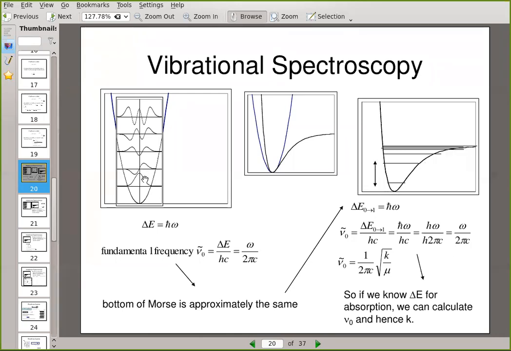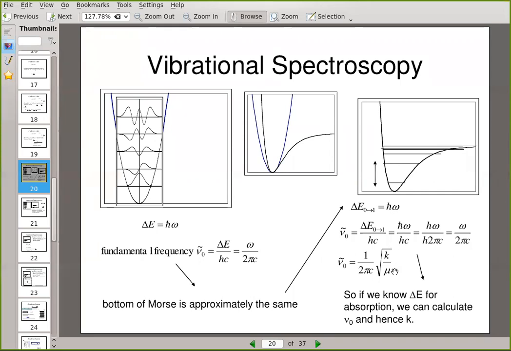However, the bottom does approximate, so the fundamental vibration in the Morse potential approximates what we have in the harmonic case, so we can use that result, that the difference in energy is h bar omega.